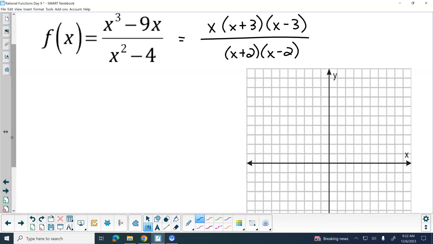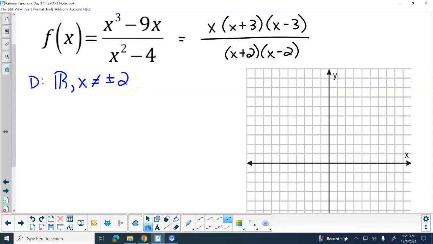Alright. Step number 1 then says what? Domain and vertical asymptote. So what is the domain of this function? Okay.